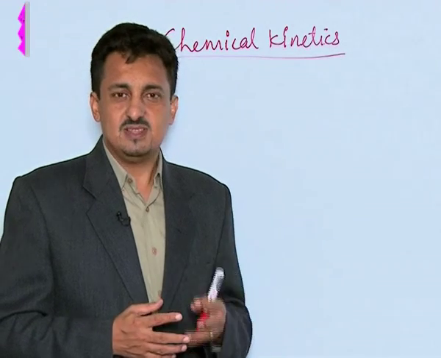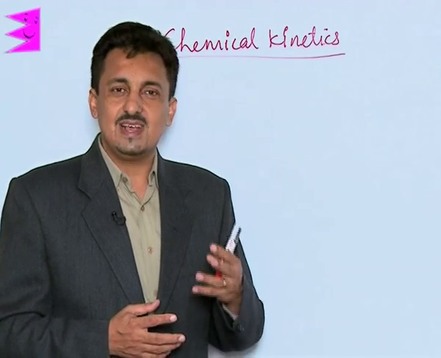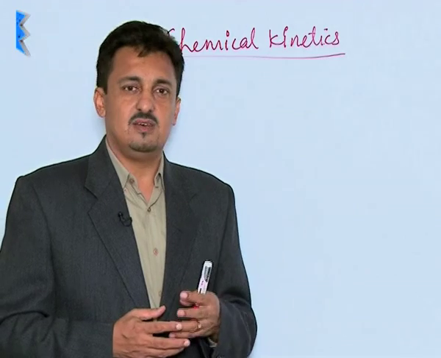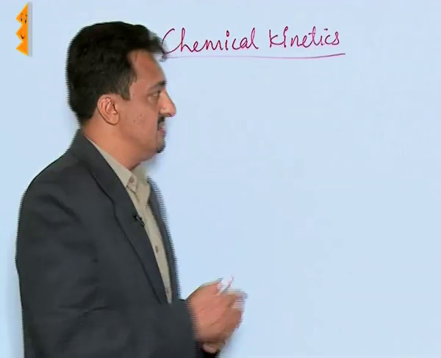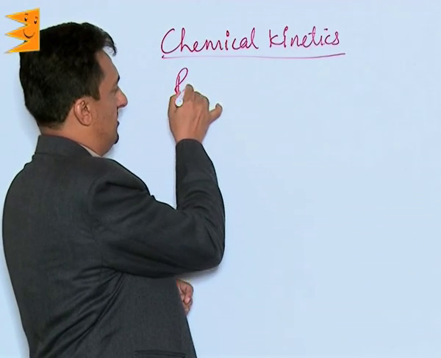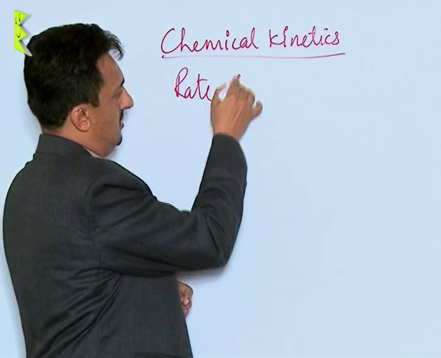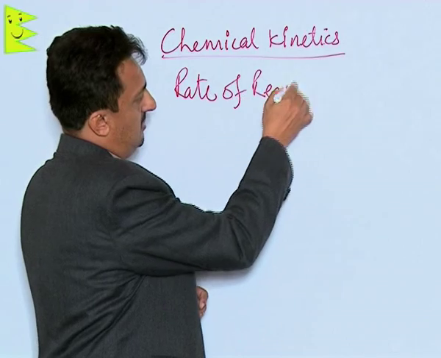Now, the first thing is to understand what exactly is the rate of the reaction. So the first topic to be done in this chapter is the rate of reaction.